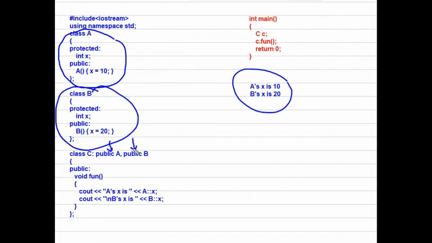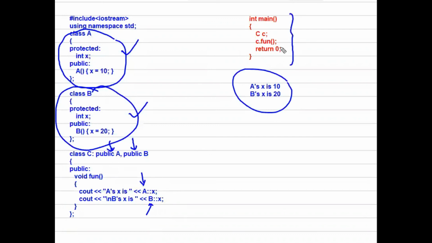I will discuss inheritance in detail later, but you must understand it is accessing the properties of both classes together, and in C++ multiple inheritance is possible. If I want to access x of A and x of B, they both have the same name. So if I mention the class name using the scope resolution operator, then we can distinguish these x's.